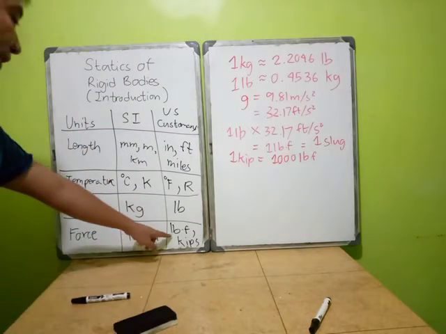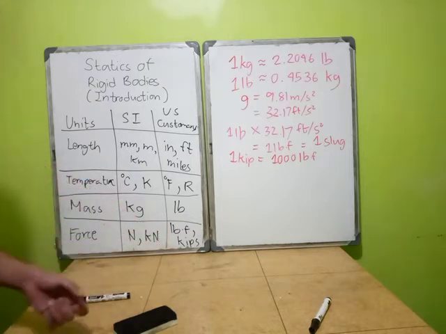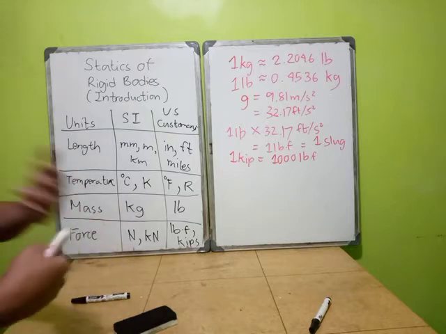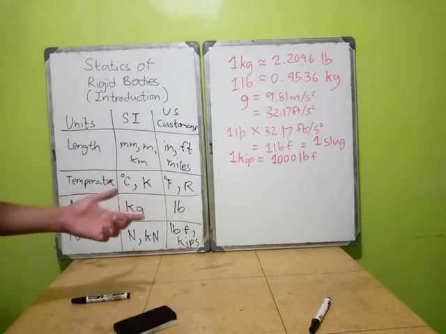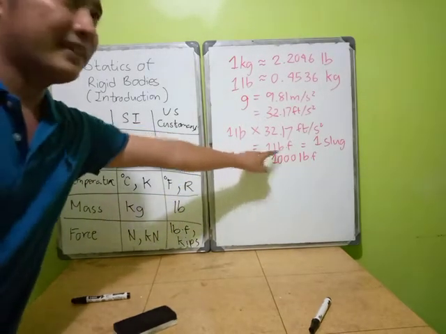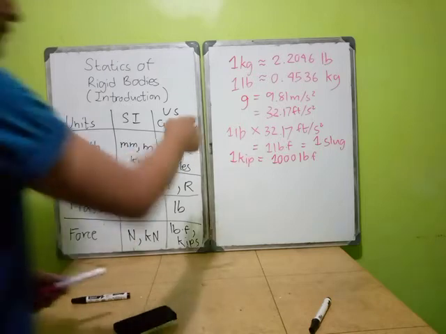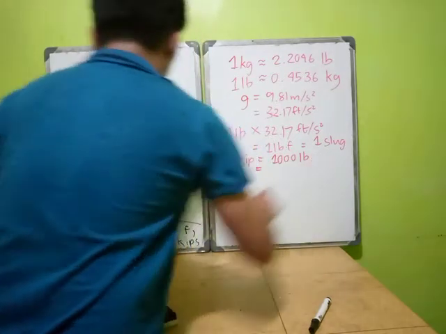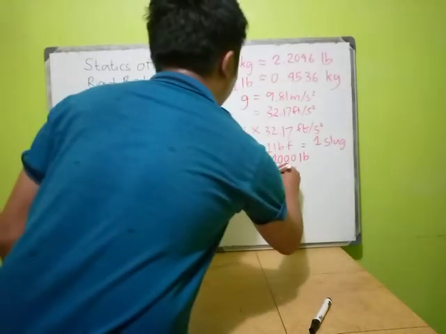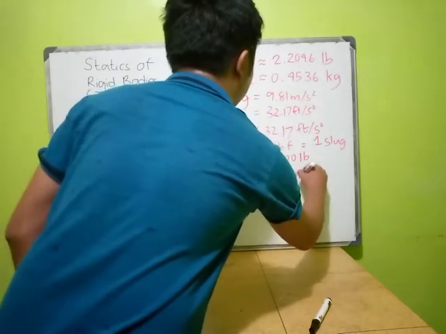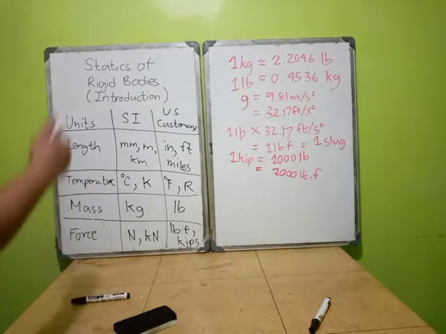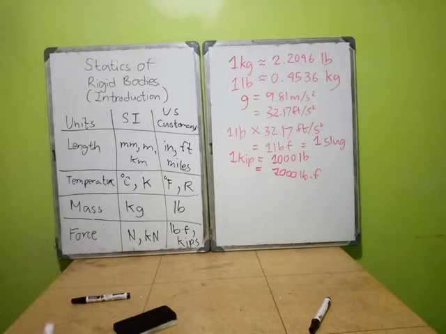Ibig sabihin, yung libra or your pounds na gagamitin natin is in form of force na, hindi na siya mass. Meron kasing 1,000 libra force or force of 1,000 libra. So, it means 1 lbf. Ito rin din kips, it may refer to mass. It can also refer to weight or force that is applied. So please be aware of that, okay?